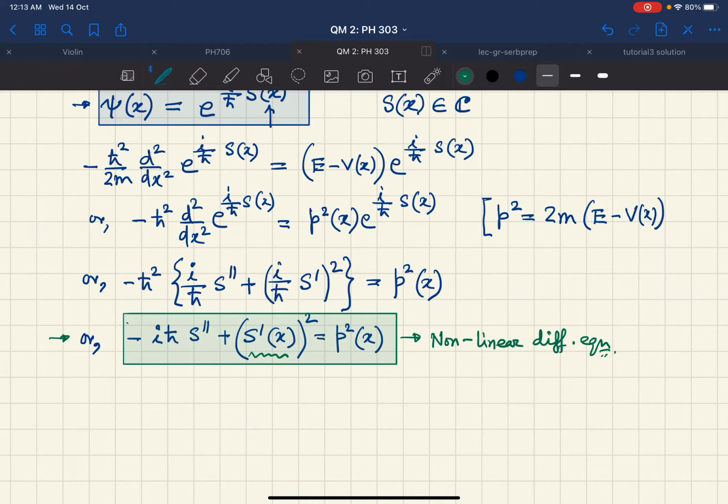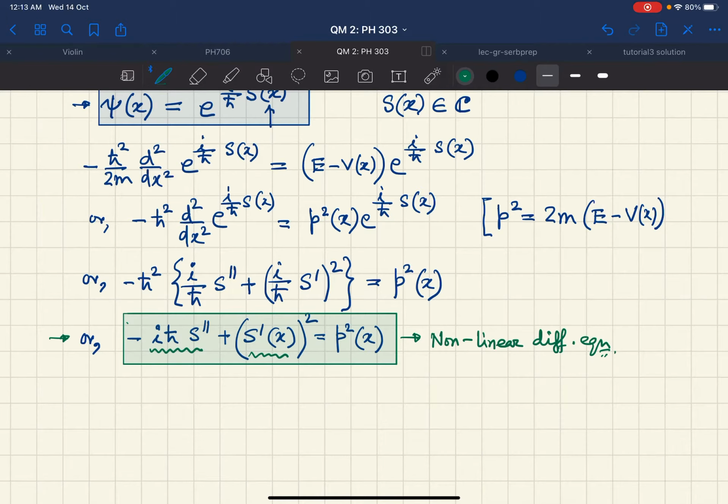The nonlinear equation actually gives you some idea and allows you to set up an approximation scheme in which h bar can be considered small. Look at this term, where we have one h bar as well as this S double prime.